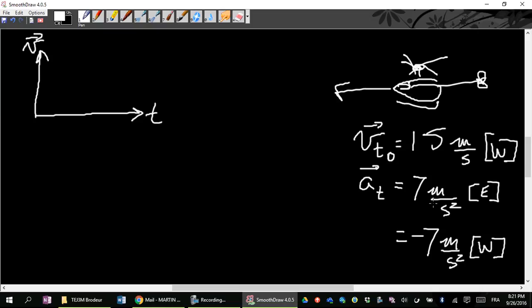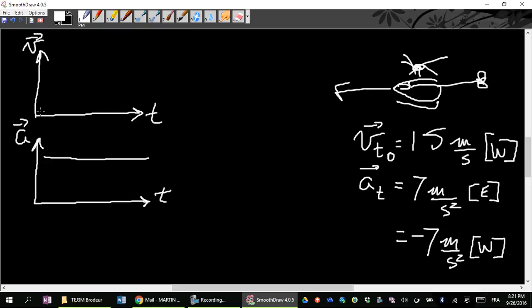Okay, so if it's negative acceleration in the direction of west, and it's uniform throughout time. Now the issue is just that it's going to decelerate. If I have an acceleration that's positive, like this, right?